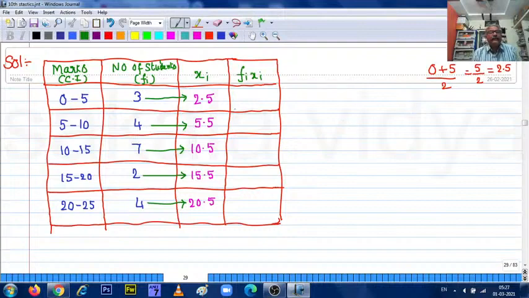So 2.5 into 3. Generally you multiply 25 with 3 to get 75, but with 1 decimal point, that will be 7.5.